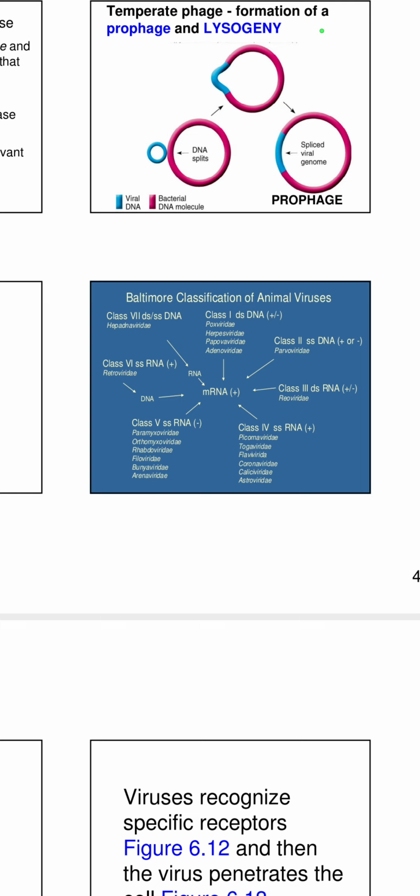Group 3 is represented by viruses containing a double-stranded RNA genome, and it synthesizes mRNA by transcription from their double-stranded RNA template. And here comes group 4, which is represented by viruses containing a positive-stranded RNA genome, and it utilizes the genomic RNA directly as an mRNA.